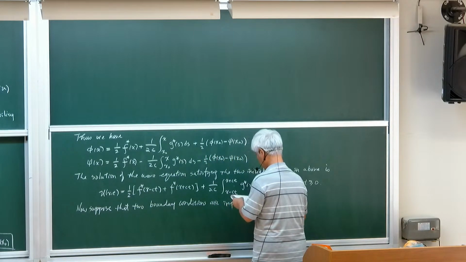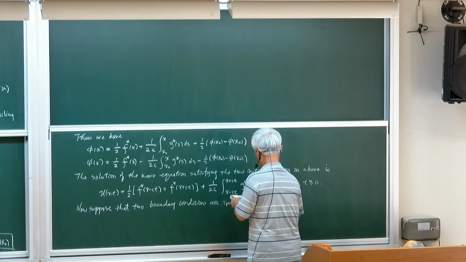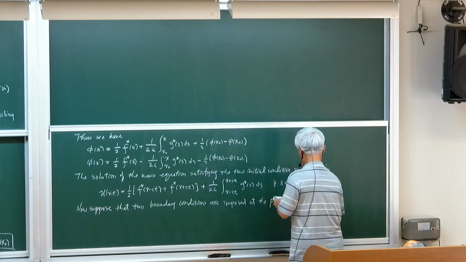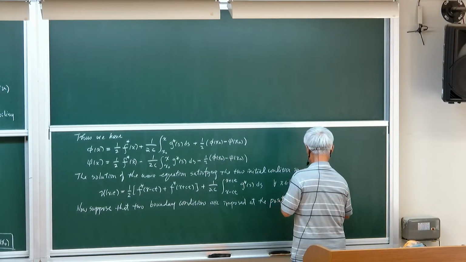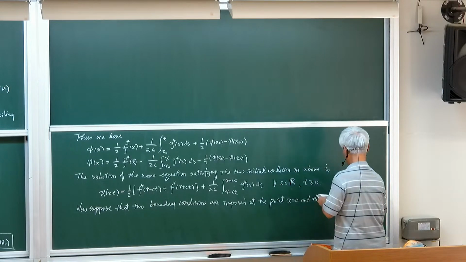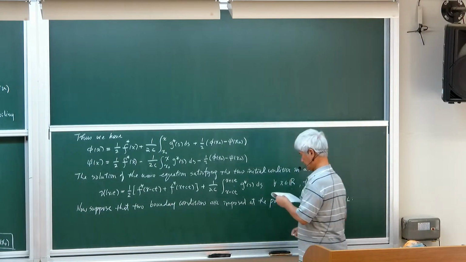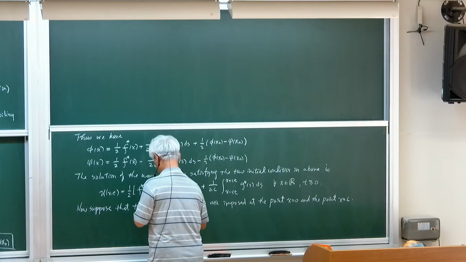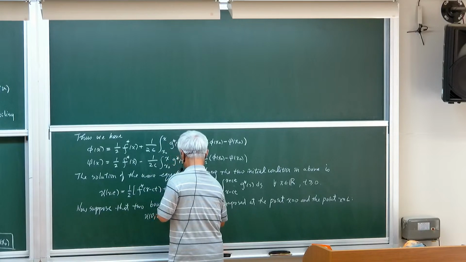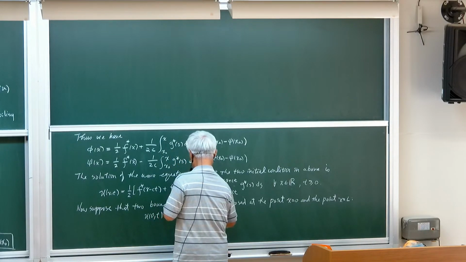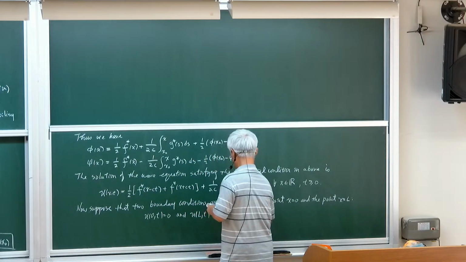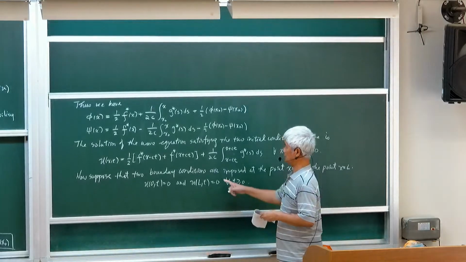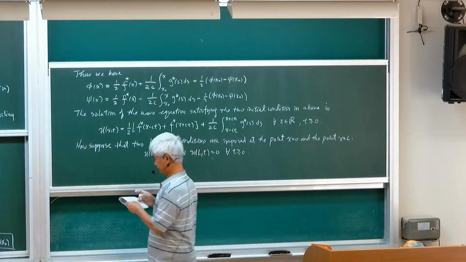Okay, at the point x equal to 0 and the point x equal to L, right? So that we need u(0,t) equal to 0 and u(L,t) is 0 for all t greater than or equal to 0. Suppose that. Right, so we impose this condition.